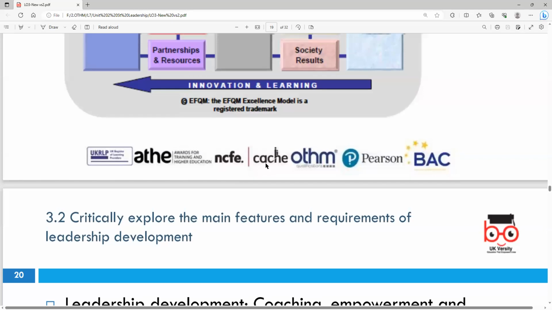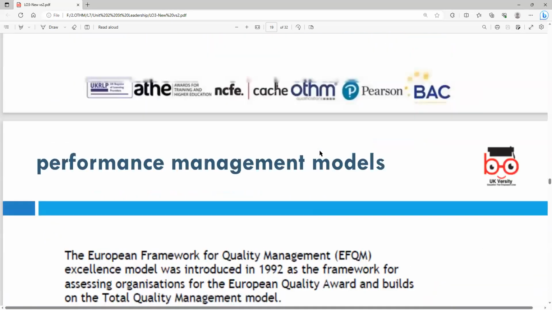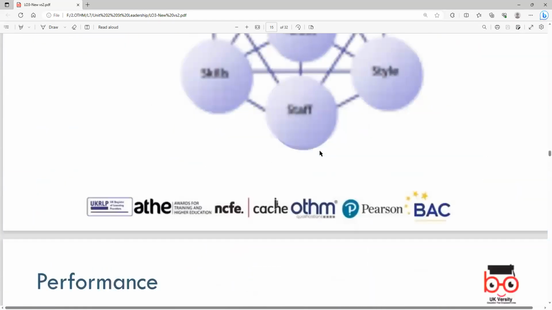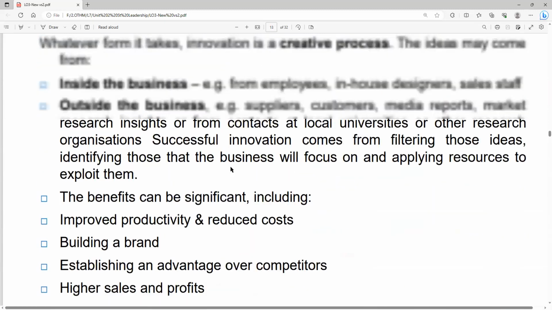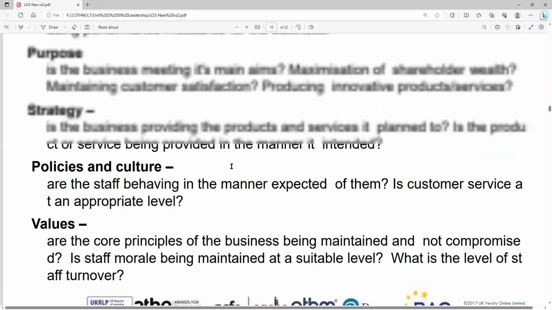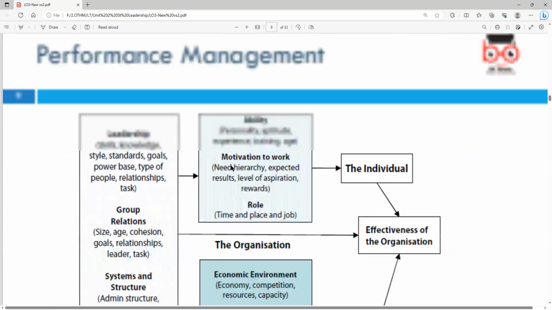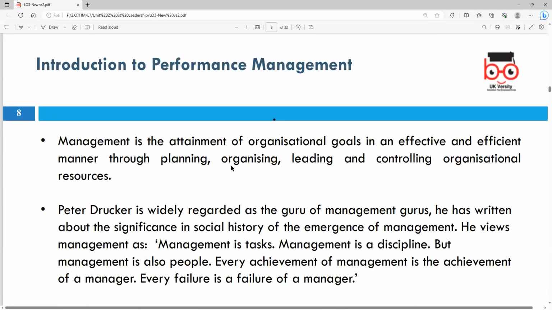So 3.1 basically, when we are talking about performance, effectiveness and performance measurement, we are talking about different measurements, different models, different terms that we use to look at performance measurement.